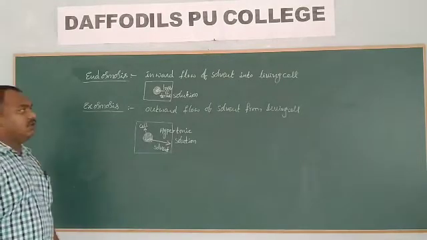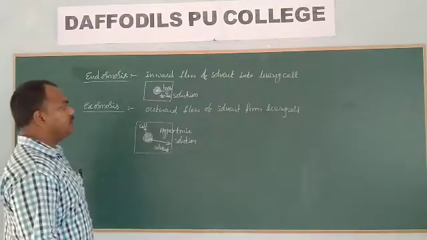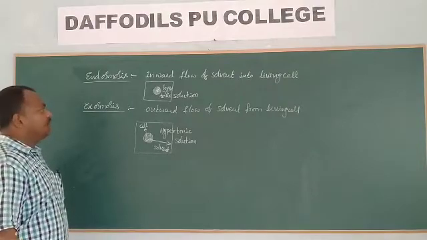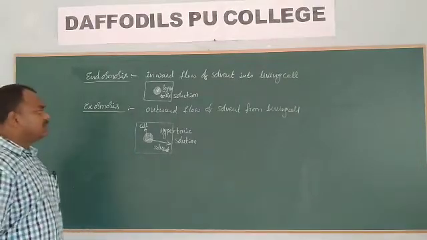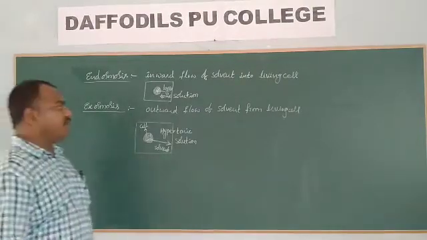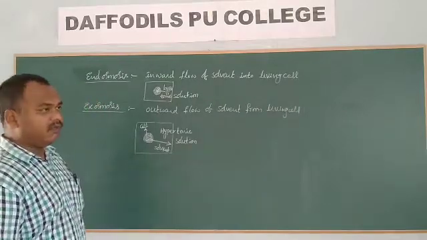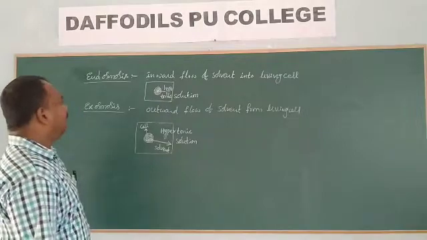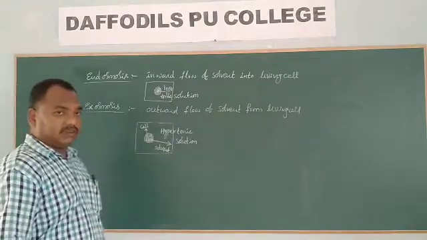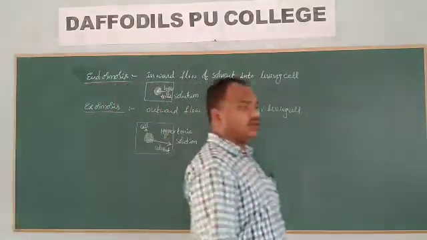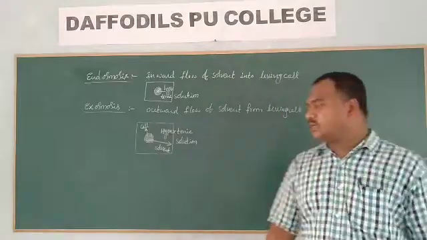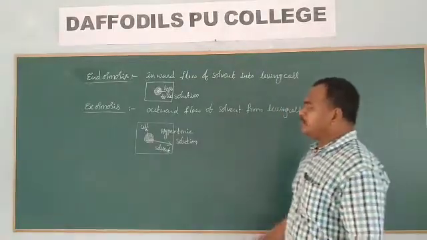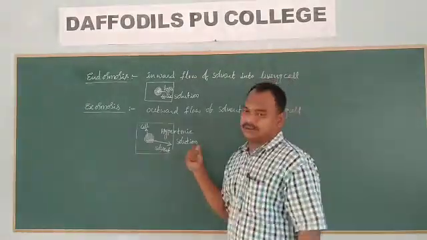Endosmosis means inward flow of solvent molecules into the living cell. Exosmosis means outward flow of solvent molecules from the living cell. When endosmosis takes place, the cell bulges and is going to burst. When exosmosis takes place, the cell is going to shrink.